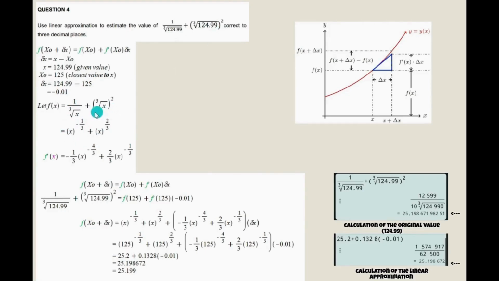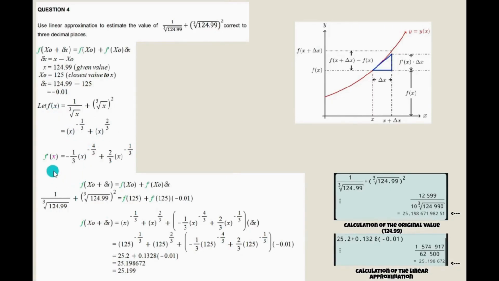To simplify it, 1 per cube root of x is equal to x with the power of negative 1 per 3, and cube root of x is equal to x with the power of 1 per 3. Then the power of 1 per 3 has to multiply with the power of 2, which will make it x with the power of 2 per 3. So this is the complete equation for function of x.